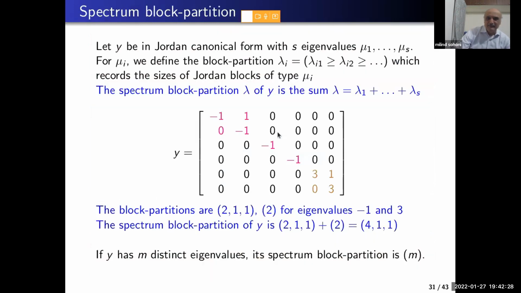So if this is my point y, which is not in the null cone, I have -1 with signature 2, 1, 1, and 3 with signature 2. If I sum it up, I will get 4, 1, 1, and this nilpotent matrix of size 4, 1, 1 is the top nilpotent matrix in the projective closure of this matrix Y.